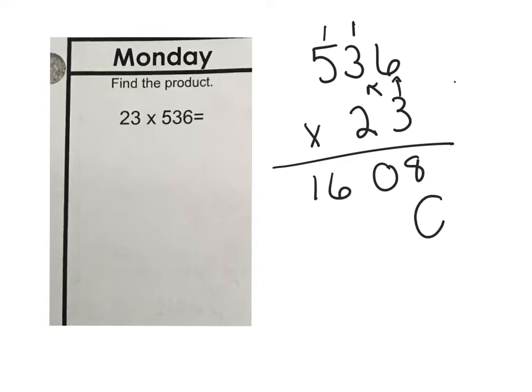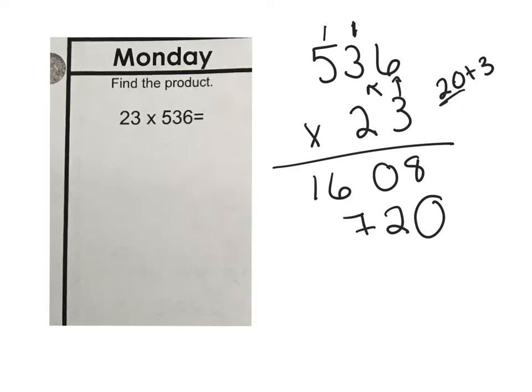Do not forget your placeholder, because this placeholder makes this 2 actually 20, because out of 23, it represents 20 plus 3. So it needs to have that placeholder to represent 20. So then you have 2 times 6, which is 12. Carry the 1 from the 12. 2 times 3, which is 6, plus that 1 is 7, so you don't need to carry anything.